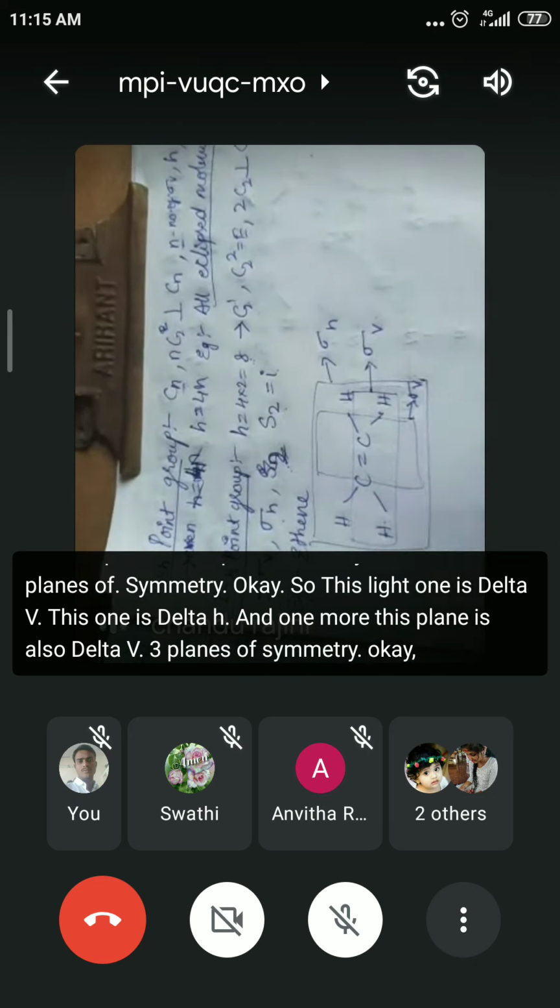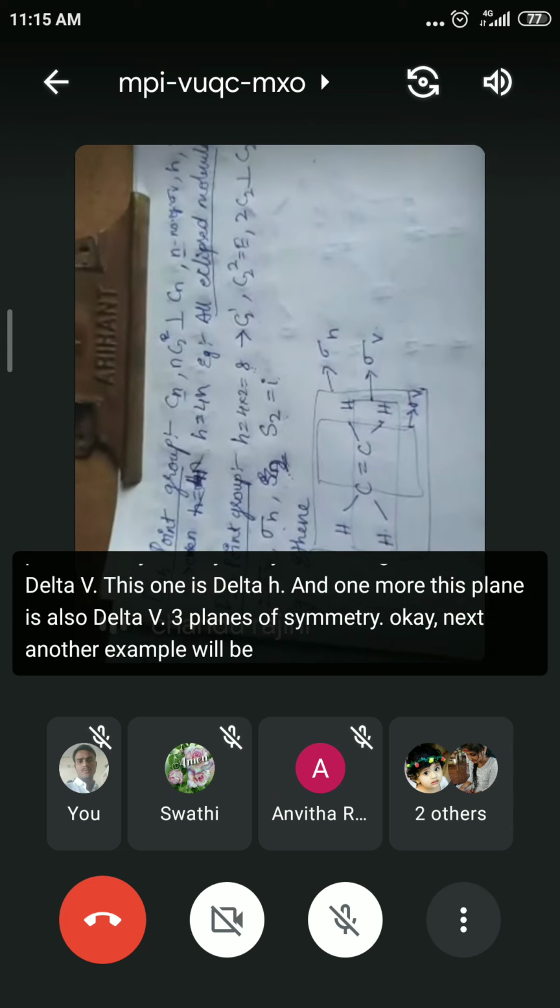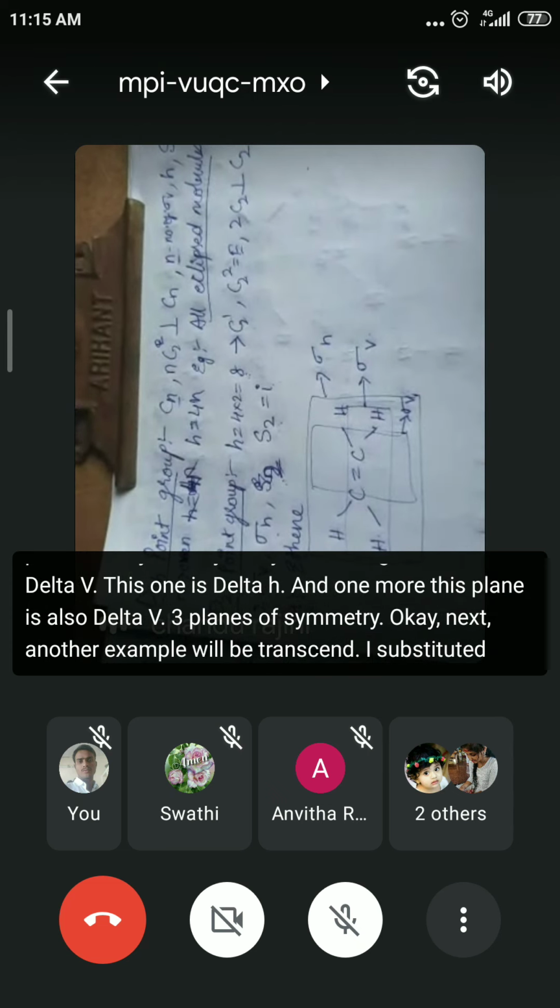Next, another example will be the trans disubstituted square planar complex.